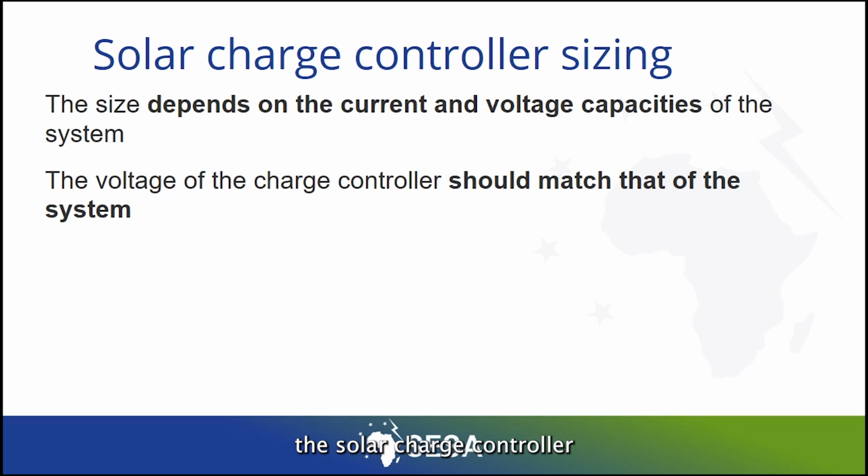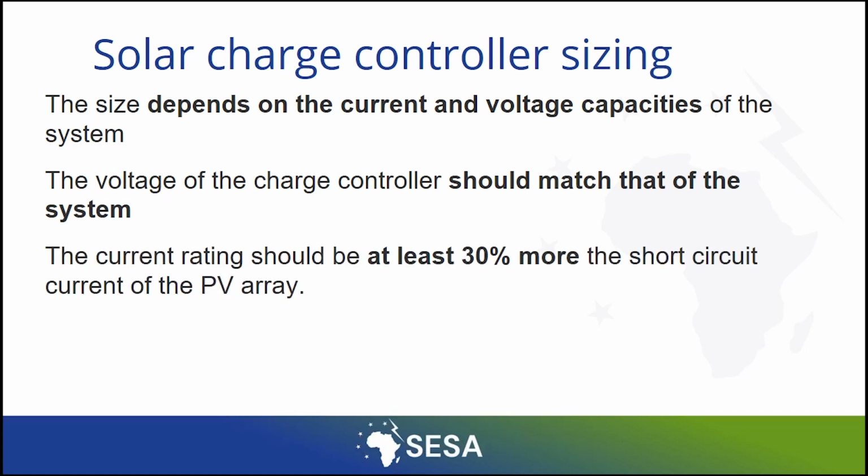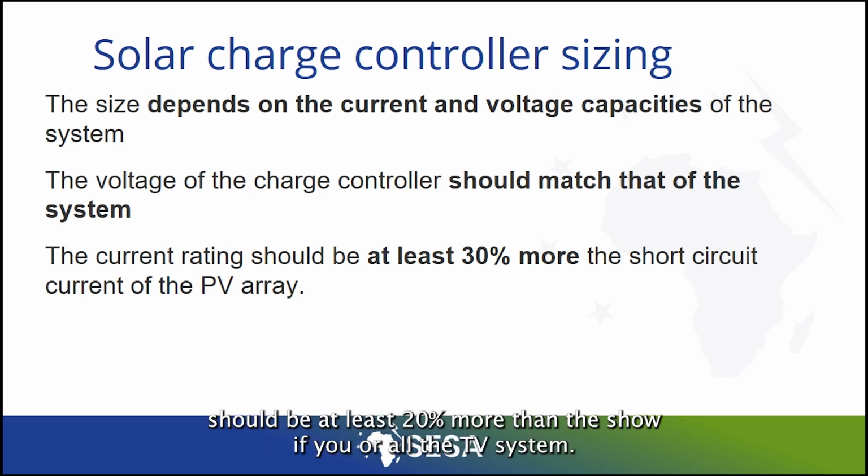The solar charge controller is typically rated against the current and the voltage capacity. You select the solar charge controller to match the voltage of the PV array and batteries. The current rating of the charge controller, just like in the case of the inverter, should be at least 30% more than the short circuit current of the PV system.